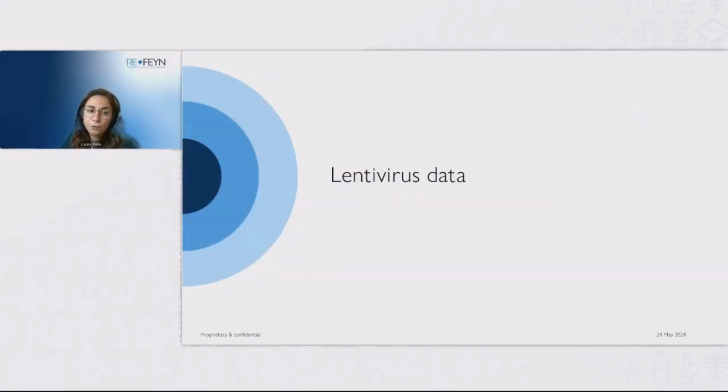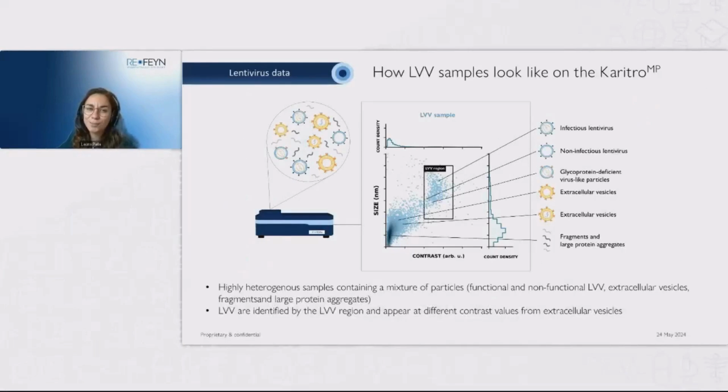So I would like to show you some data now. This is an example of lentivirus data on Karitro. As you can see, the graph shows a quite broad distribution of data points in there, quite a lot of heterogeneity. This is due to the fact that in there you have a mixture of particles.